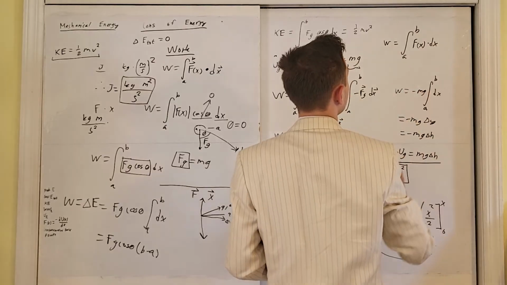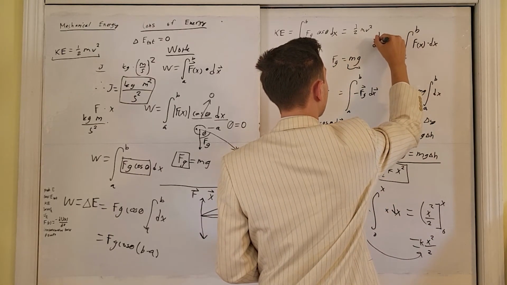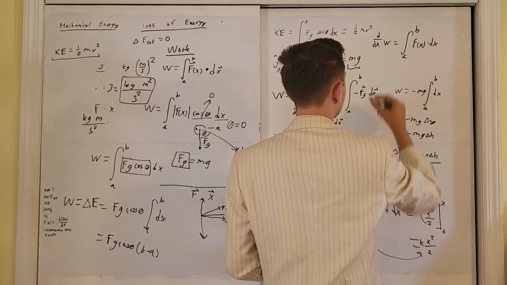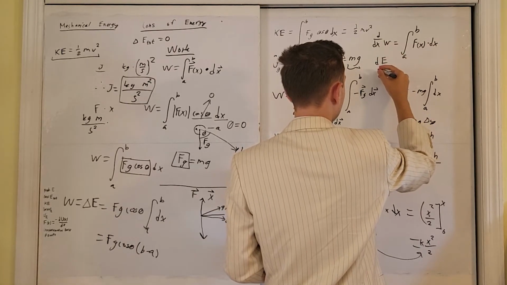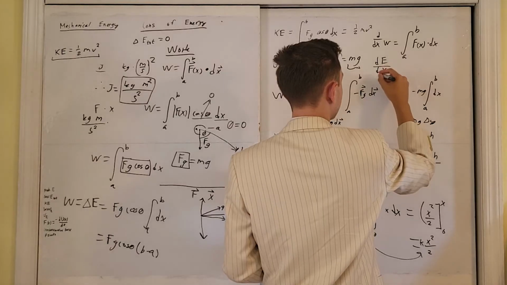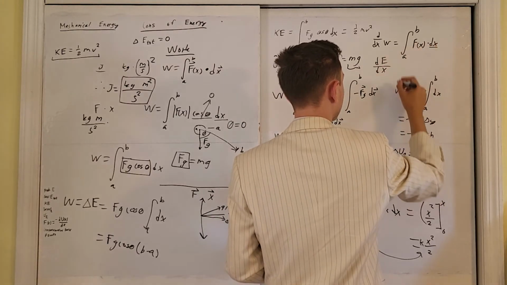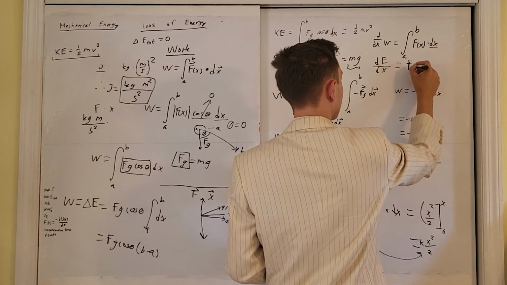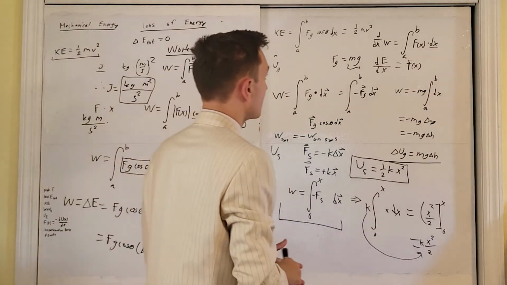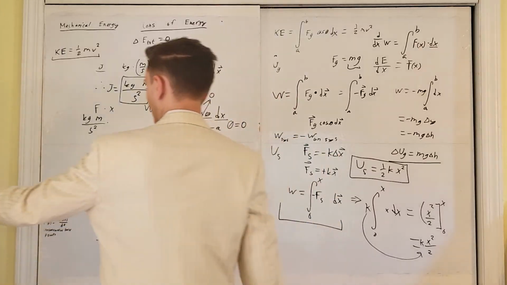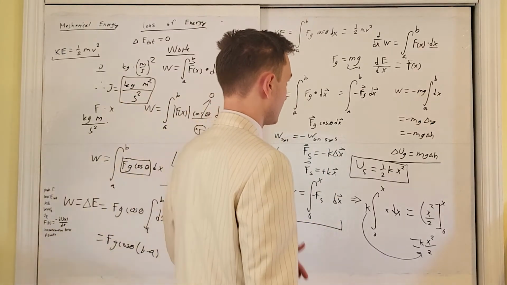Okay? So let me differentiate that. The derivative of work, which is the equivalent of energy, with respect to position, because this is a derivative with respect to position, equals force. Okay? Now let's specify what kind of energy. The work integral is meant to identify the work done on a system.